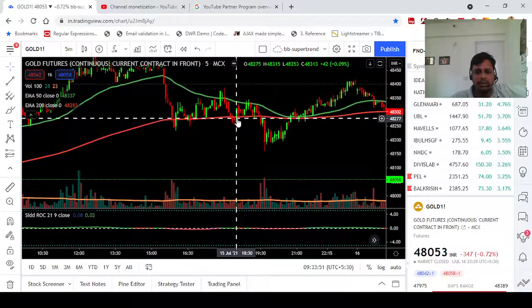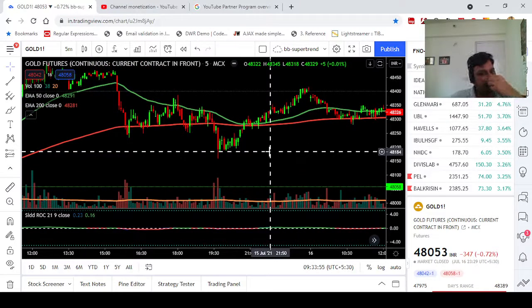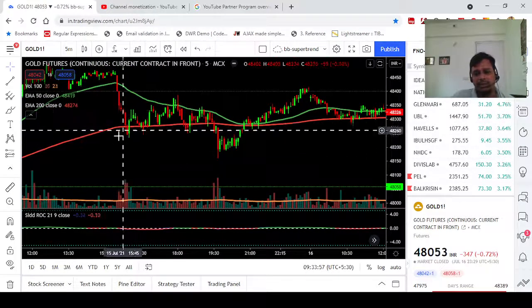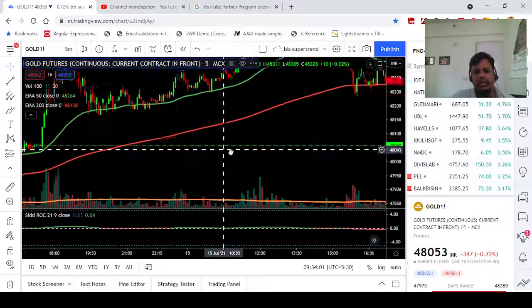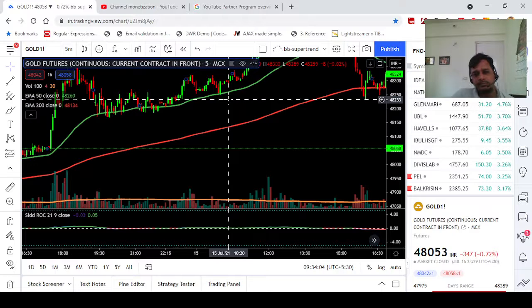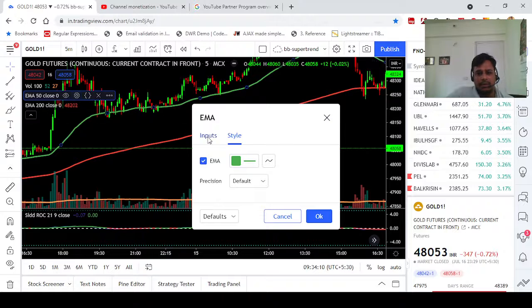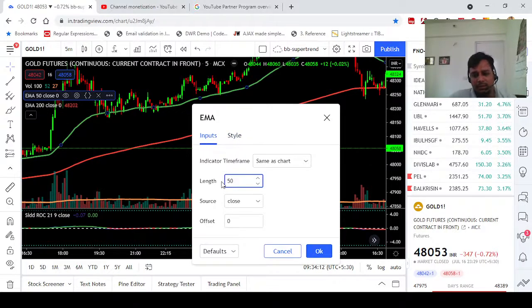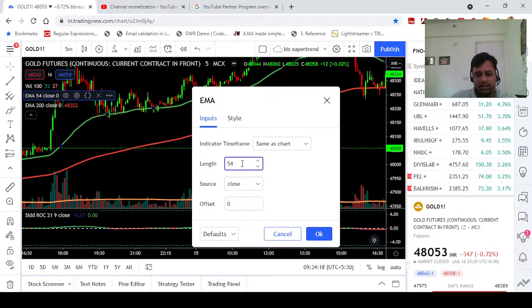Support, supports. You see that whenever the 200 moving average and 50 moving average curvature is upside, it will take support multiple times. Let's say in gold 50 is not working, you make it 54, or let's say 60.